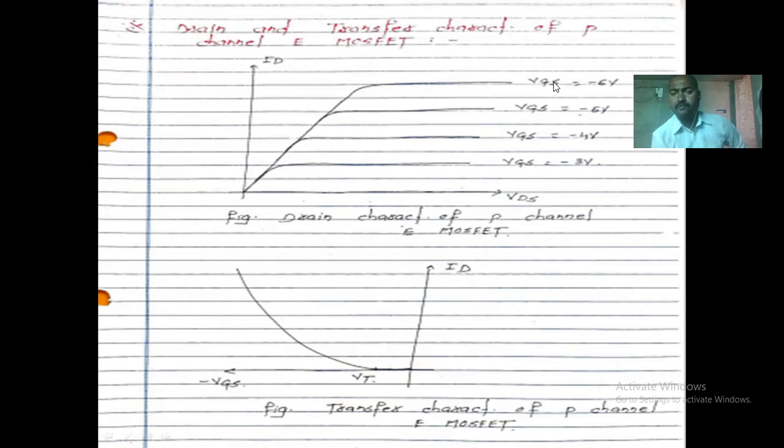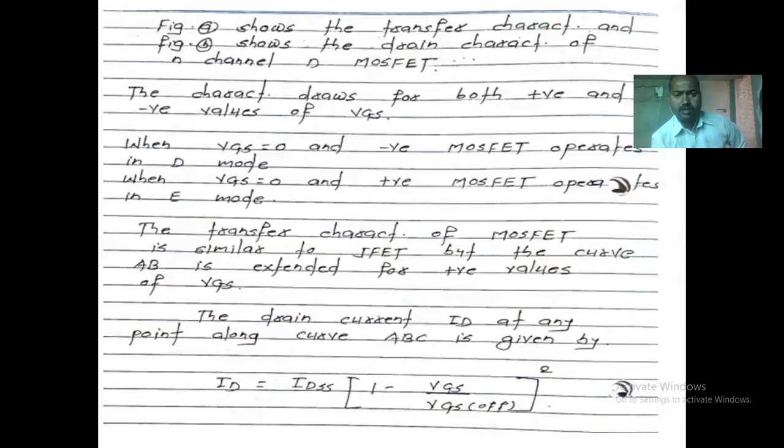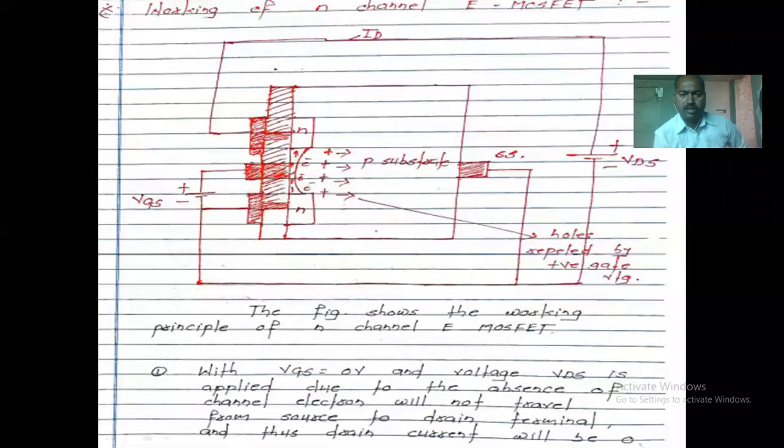Why does that happen? When we apply VGS negative and VDS positive across the device, internally there is an N substrate and two P layers. I am telling you through the diagram. Here is the N substrate, here are the two P regions.